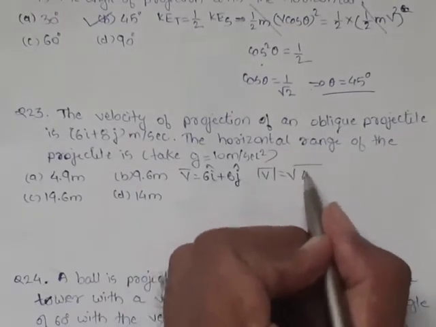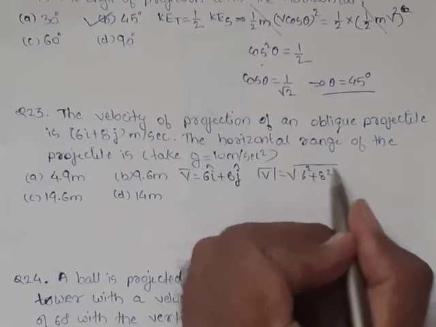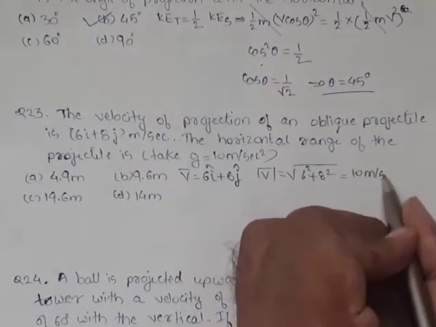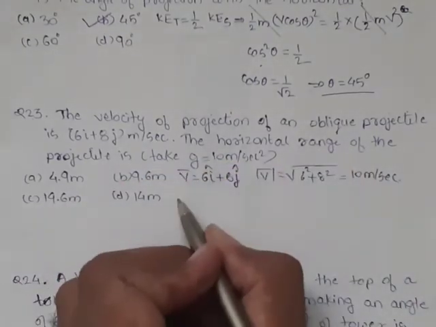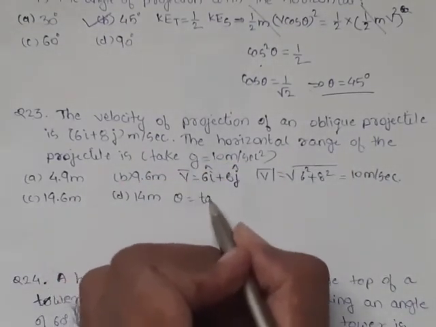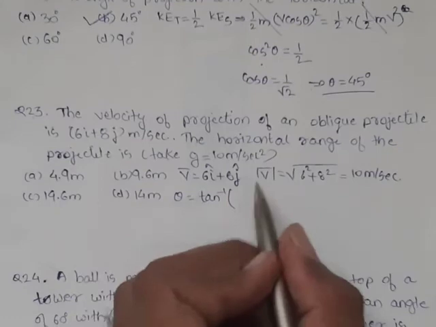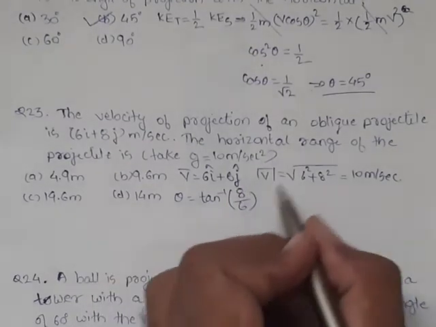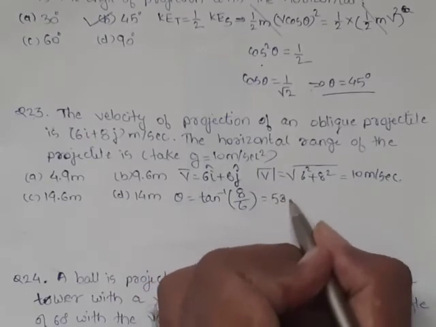It will be square root of 6 square plus 8 square, and finally we get the total velocity equal to 10 meter per second. Also we can find theta, which is tan inverse of Vy upon Vx, 8 upon 6, and it is equal to 53.13 degree.